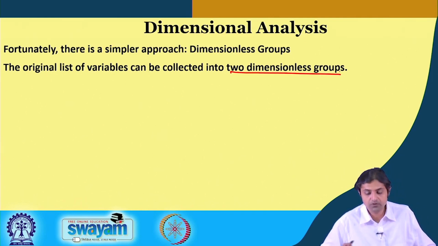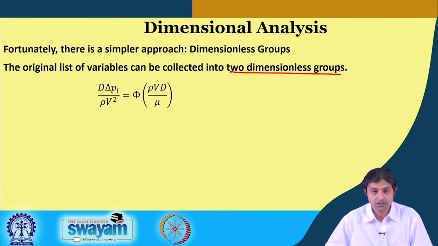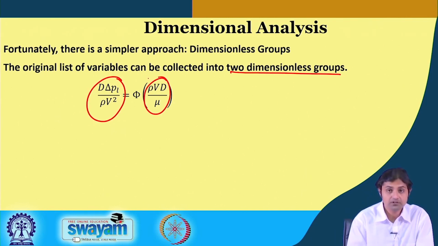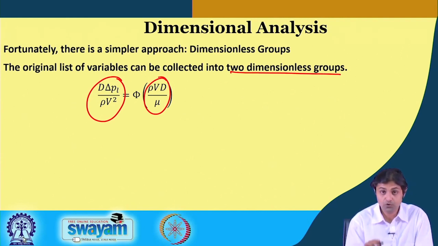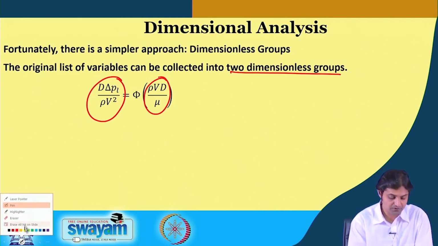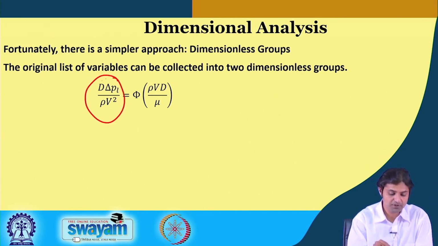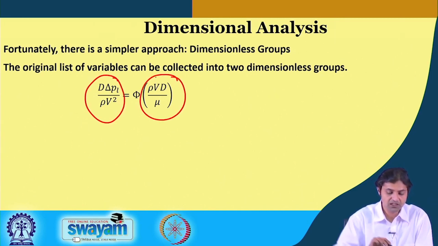It could be more, but let us say 2 dimensionless groups. For pipe it has been found that this is one dimensionless group and this is the other. We will go and see how this comes using dimensional analysis, but for now, to give you a good introduction, I have just written it down. So, this dimensionless group is a function of the other dimensionless group.